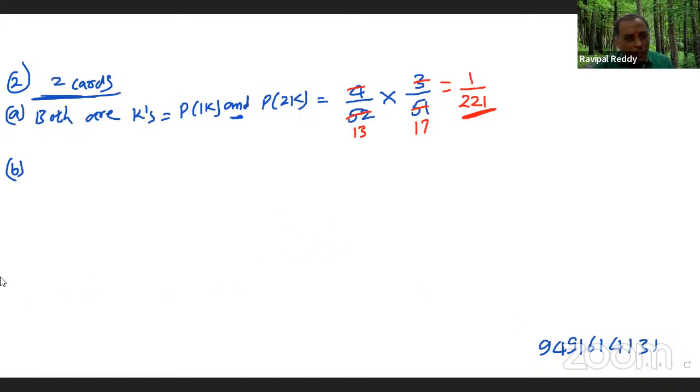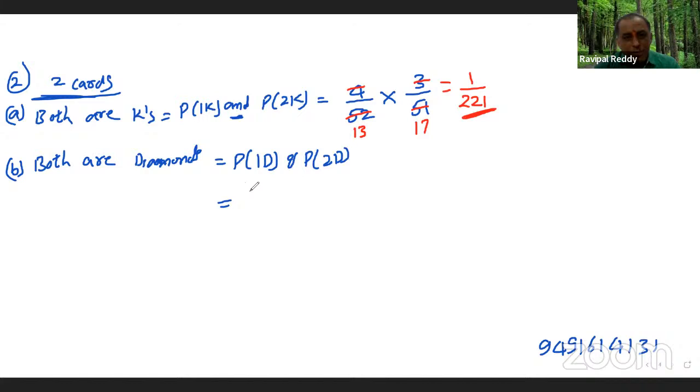And next one, question B. Both are queens or both are diamond cards. Both are diamond cards means the probability of the first card being a diamond and the probability of the second card also being a diamond.